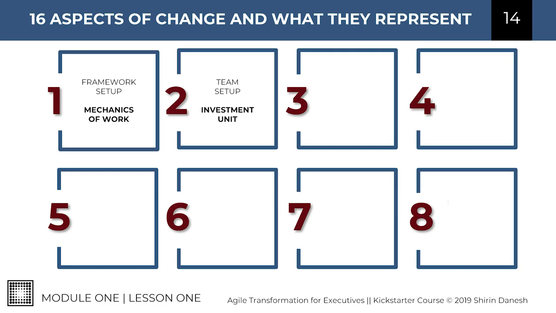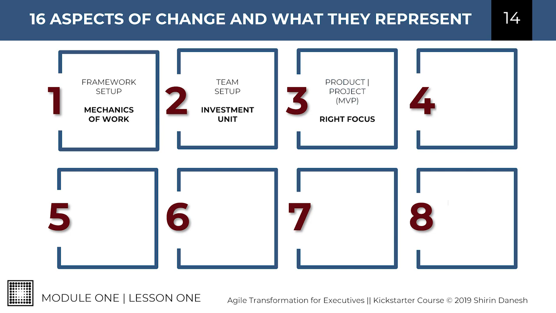Number 3 is about the product or project that that team is going to work on. And I will make a quick distinction between these two. I'm sure you know it, but a project is a series of activities that you start and it will end at a point in order to deliver something.